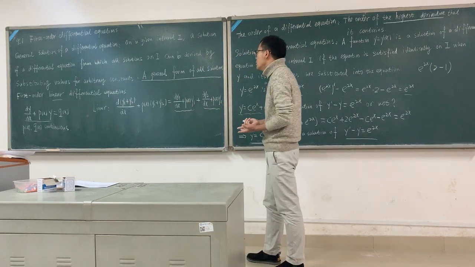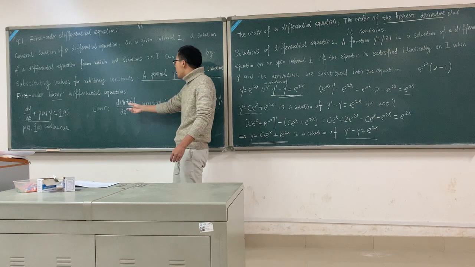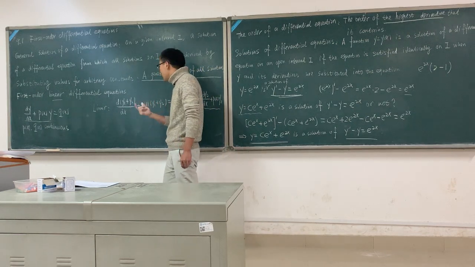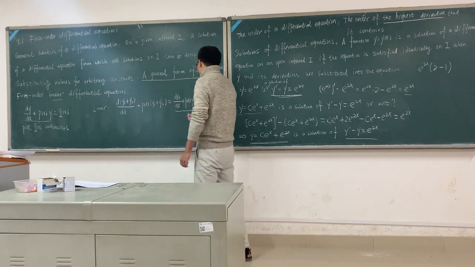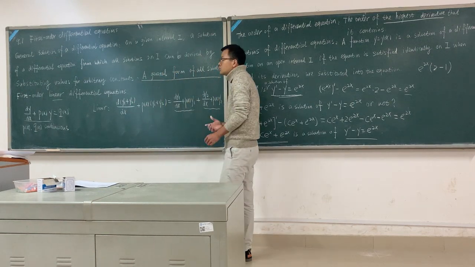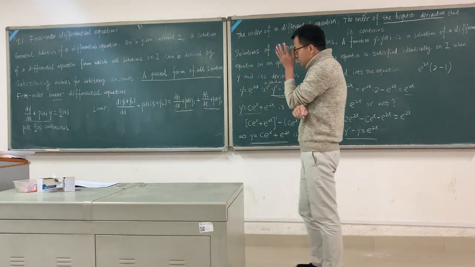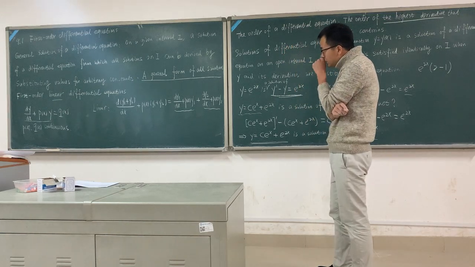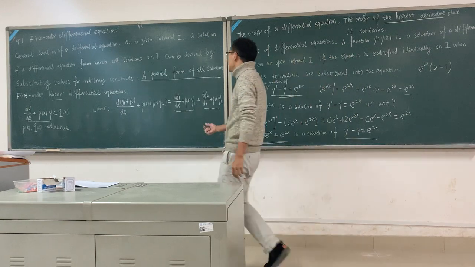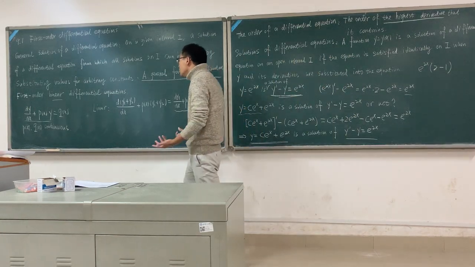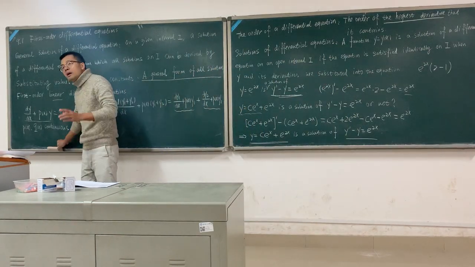So here we can see if here is y1 plus y2, this part is linear. Here means linear. So this is linear. Now we can see which one is not linear.